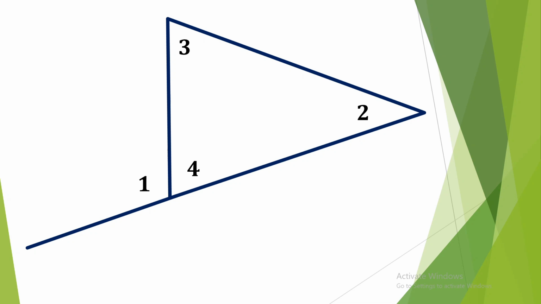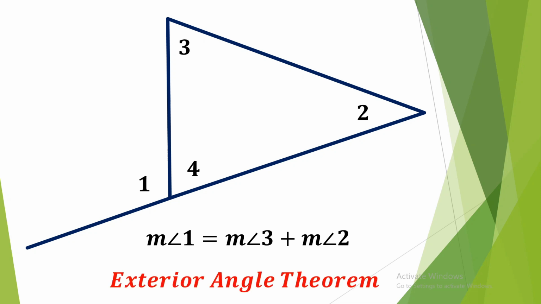So based on the figure, we have measure of angle 1 is equal to the measure of angle 3 plus the measure of angle 2. And that is based on the exterior angle theorem. Again, it states that the measure of an exterior angle is equal to the sum of its remote interior angles.